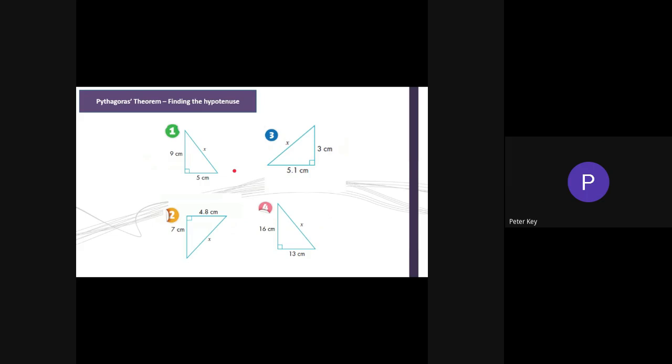Yeah, you can round them to one decimal place if you want. But remember, when you're working them out, write down the full number. That's what whoever's examining your paper will want to see.